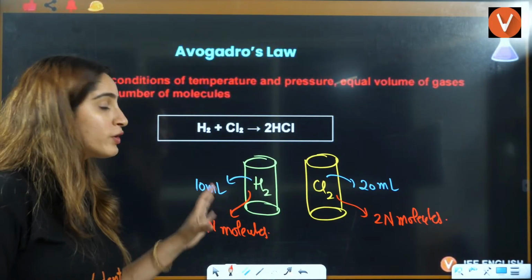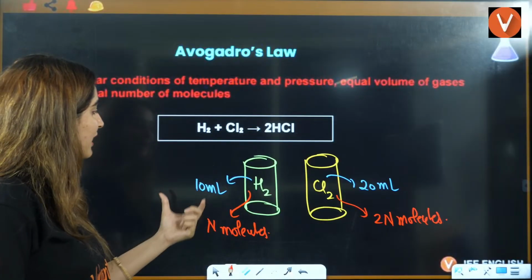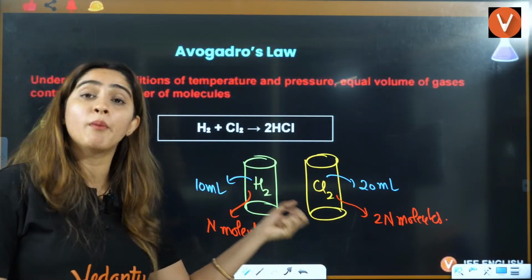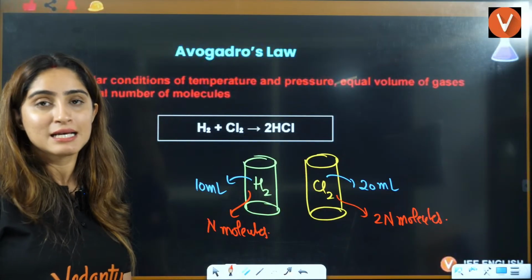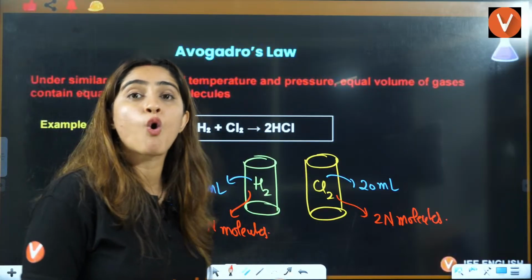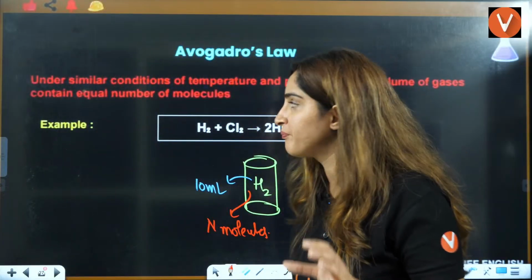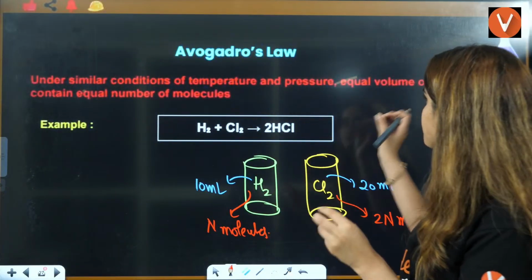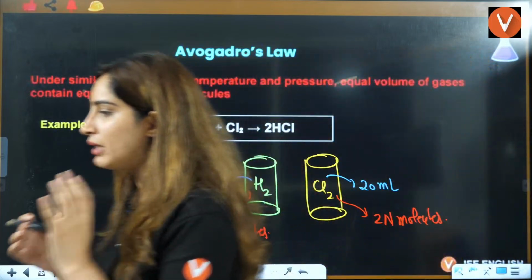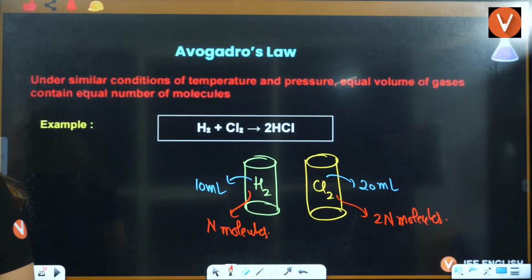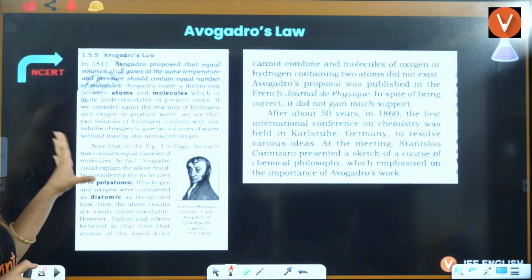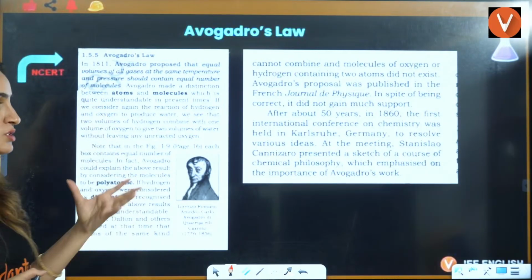So what we discussed from here is that if the volume is doubled, molecules will be doubled, moles will be doubled. If volume is half, molecules will be half. That is called Avogadro's law. Under similar condition, equal volume of gases contain equal number of molecules. Okay, students? So this is your Avogadro's law.